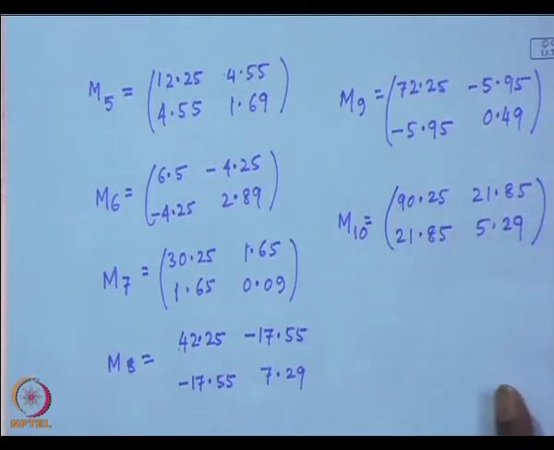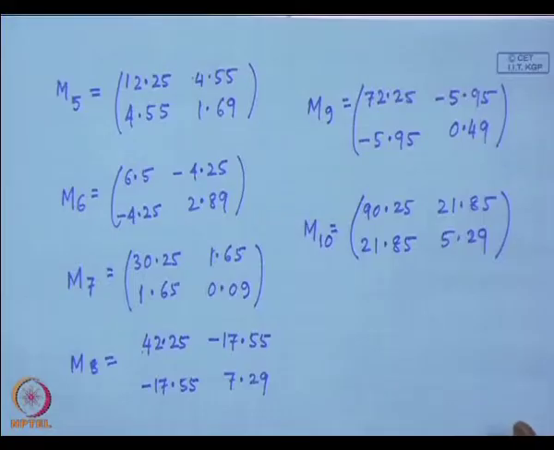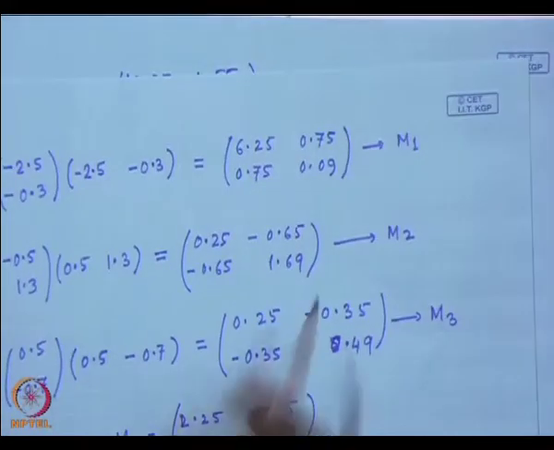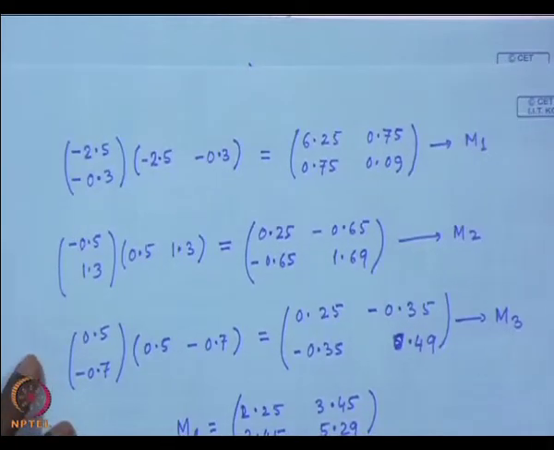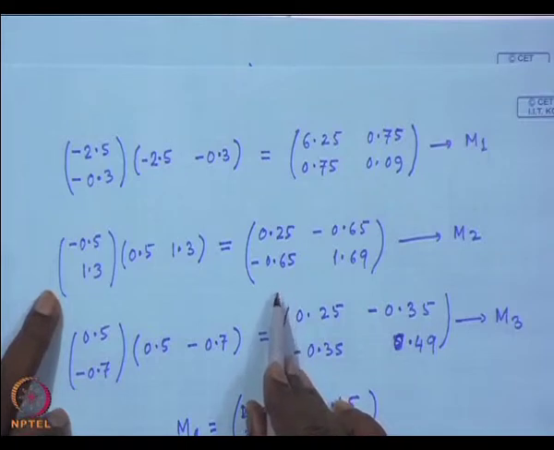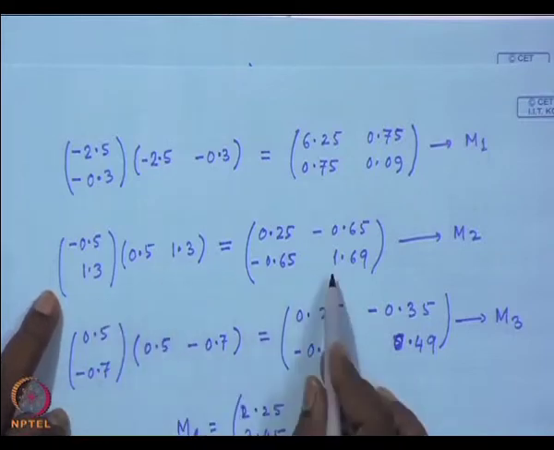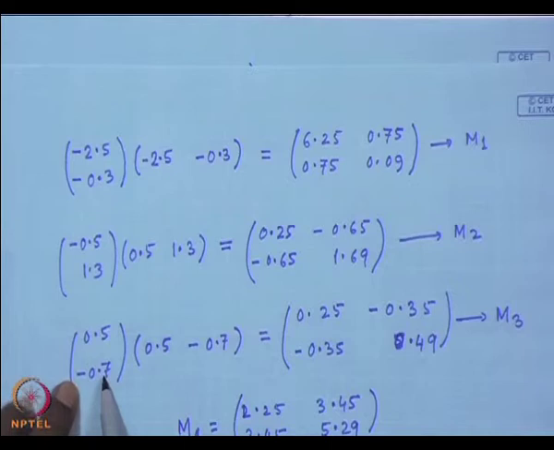Right. So, these are the 10 matrices that we have. The first matrix is this, which is x1 minus mu into x1 minus mu transpose. The second one, x2 minus mu into x2 minus mu transpose, gives this. The third one, x3 minus mu into x3 minus mu transpose, gives this.